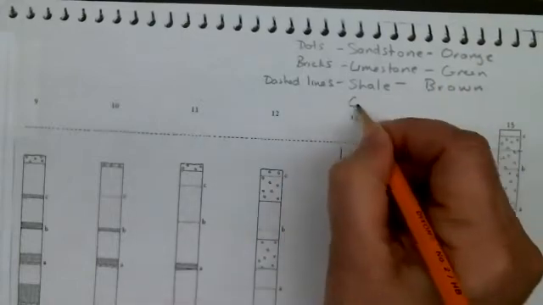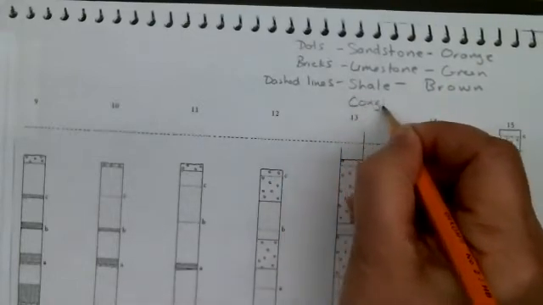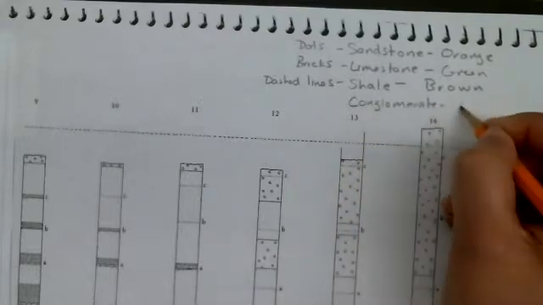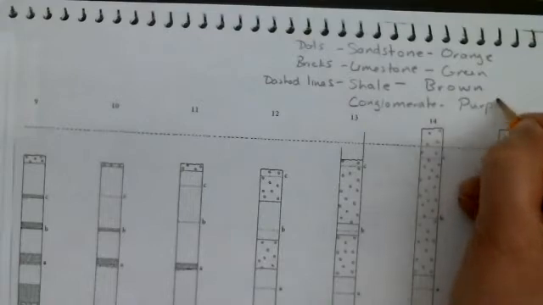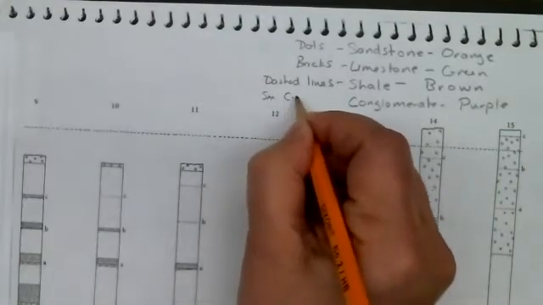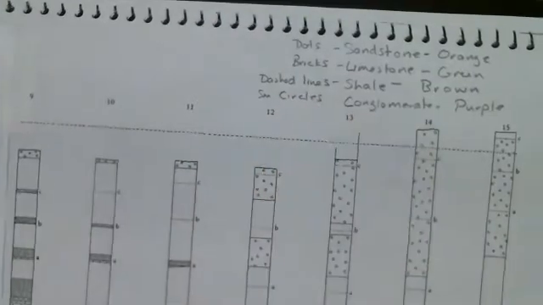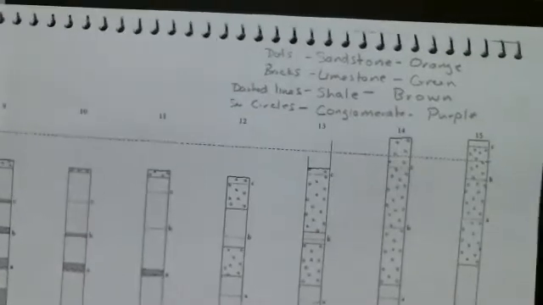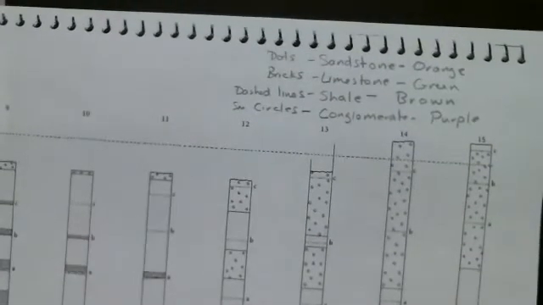And then conglomerate is the purple, and those are the small circles. Okay, if you don't remember the patterns, I'd write that down too. So there's all that, if you want to jot that on your paper. And then I'm going to sharpen my pencils while you do that.